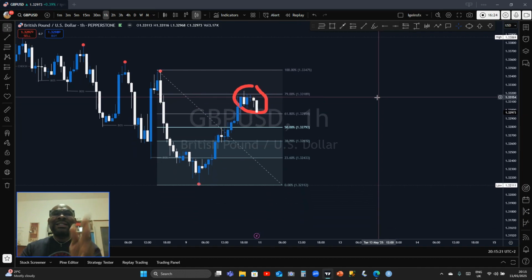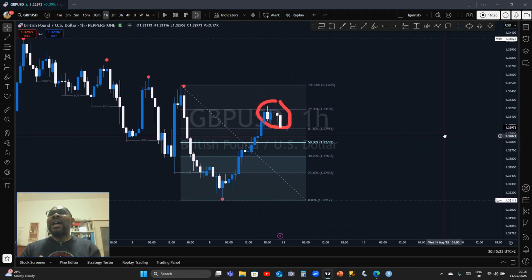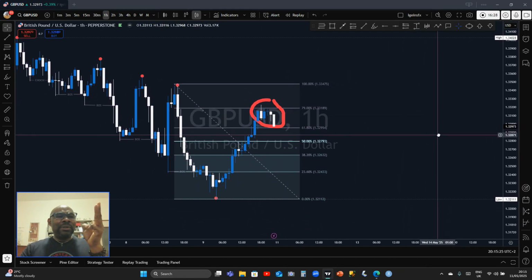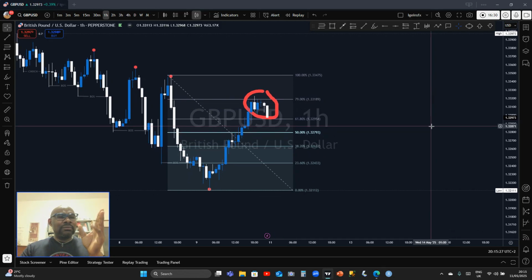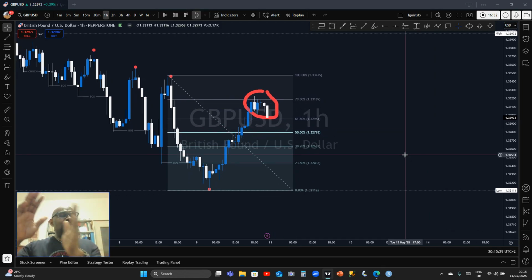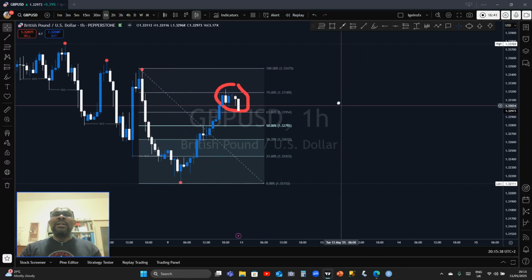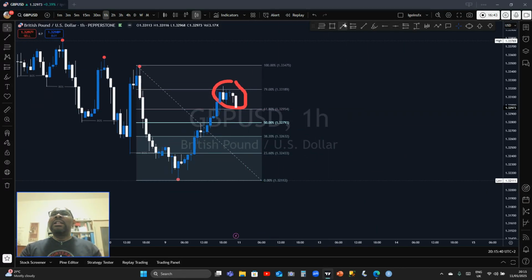But for the fact that you see now, price moves in three ways: impulse, base, drop, impulse, base, drop, impulse, base, drop. Price has already made an impulse here.